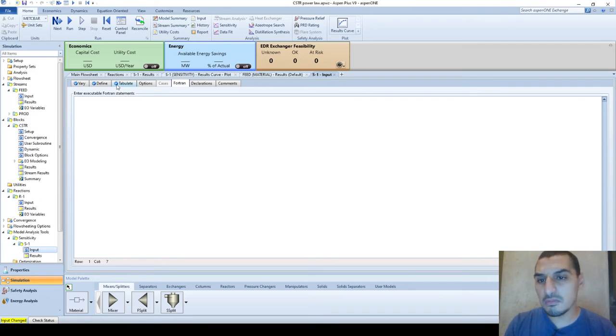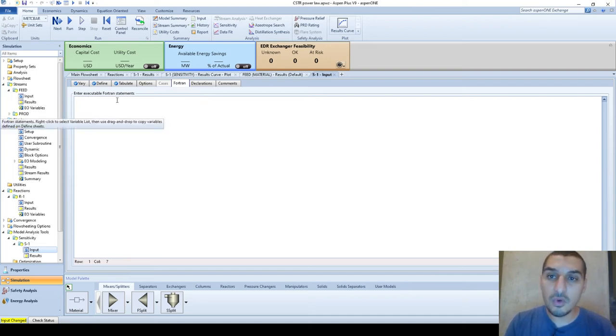So, for instance, in our case, we want to calculate the conversion, and the conversion is the number of moles of the reacting species, the limiting reactant, which has reacted, divided by the total amount that was fed to the reactor.